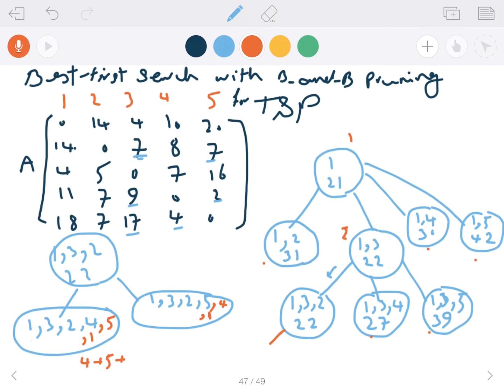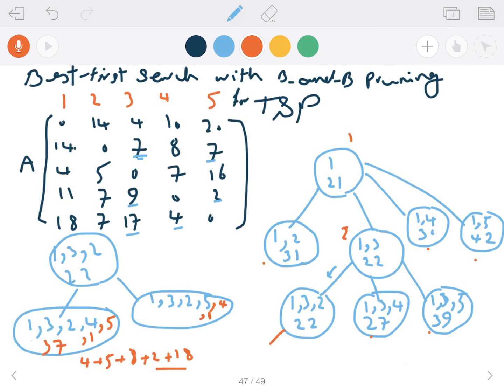From 2 to 4 is 8. From 4 to 5, the cost is 2, and from node 5 going back to node 1 is 18. If we sum up these numbers together, it's going to be 37. So that's one path, and the cost is 37.